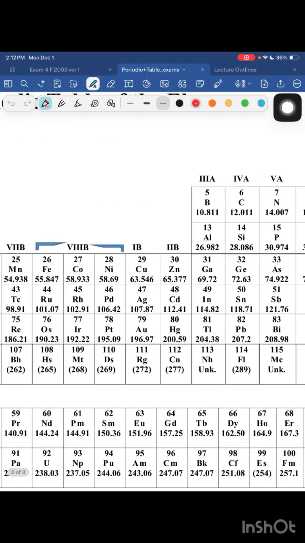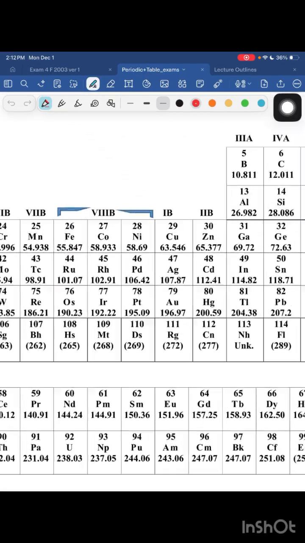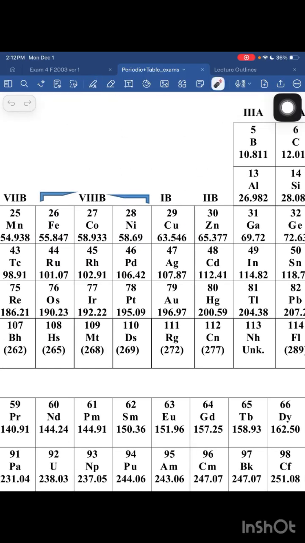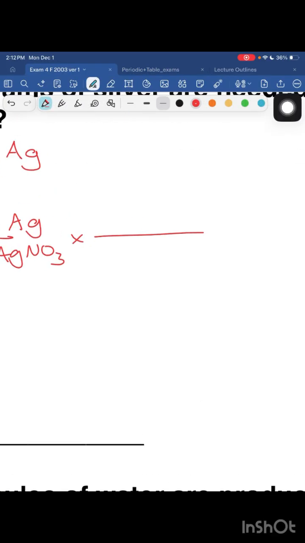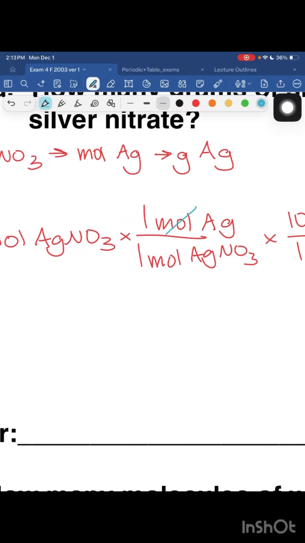Periodic table says that the molar mass of silver is 107.87. So that's 107.87 grams for every 1 mole of Ag. Moles cancels with moles. Ag cancels with Ag.